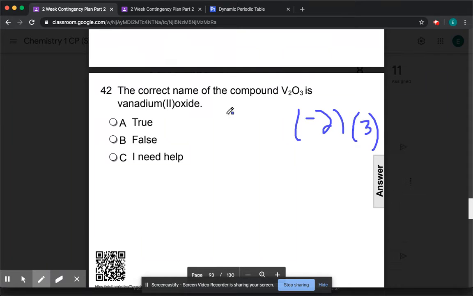The charge on the vanadium, they're telling us, is 2. And how many of those do we have? We have 2 of them. 2 times 2 is 4. -2 times 3 is -6.